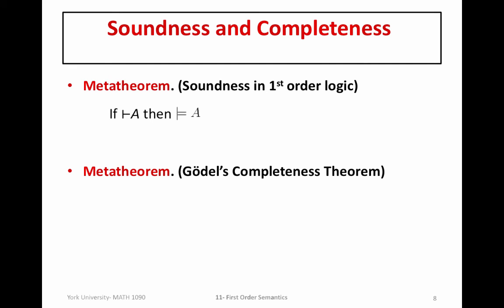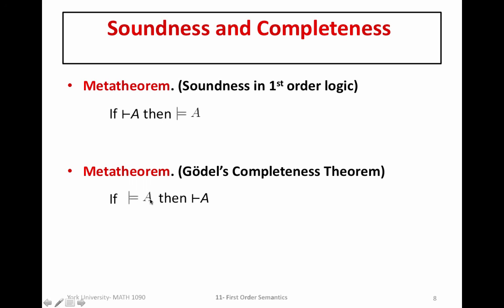We also have Gödel's completeness theorem, which tells us that predicate logic is also complete. So this gives us the opposite direction. So if A is a universally valid formula, then it can be proven. Okay? Notice that to show something is universally valid is actually quite difficult. It's not really possible to determine if every interpretation makes A true.